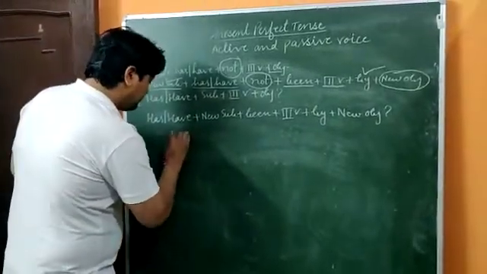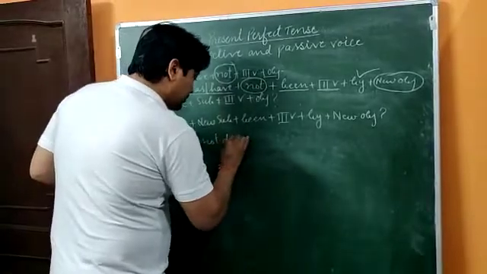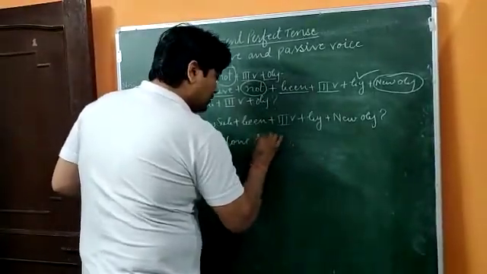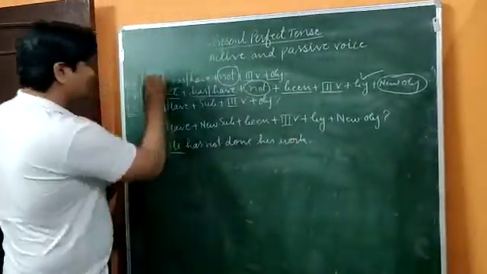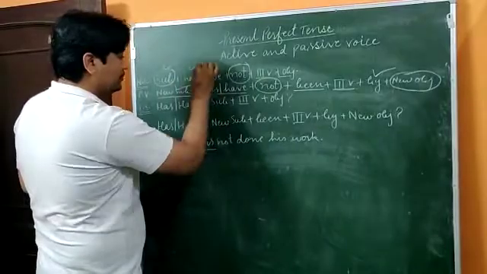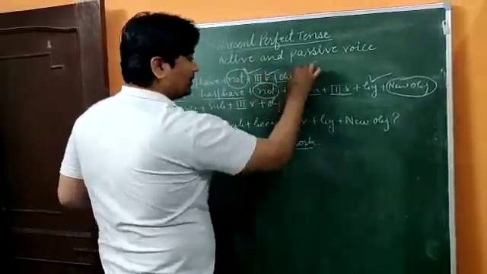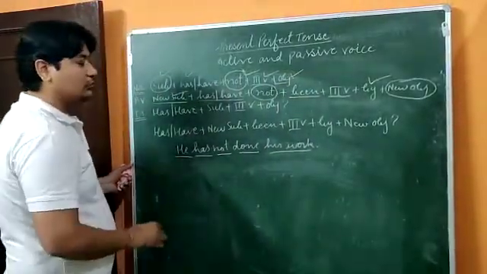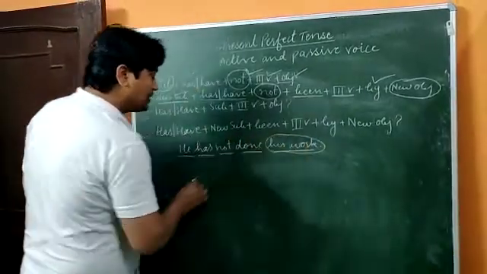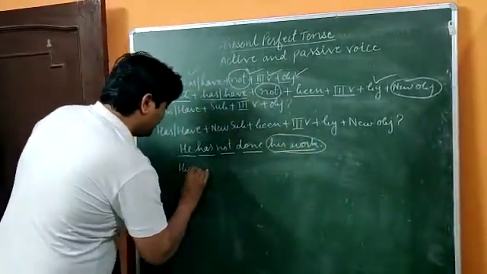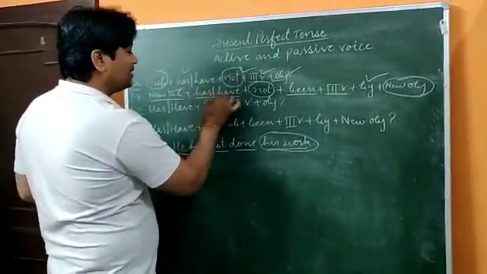For example, he has not done his work, right? Subject is here, has, not, third form of verb, object, right? Now change it into passive. New subject, okay, it means this will be used as new subject. His work, it's singular, so use either has or have.